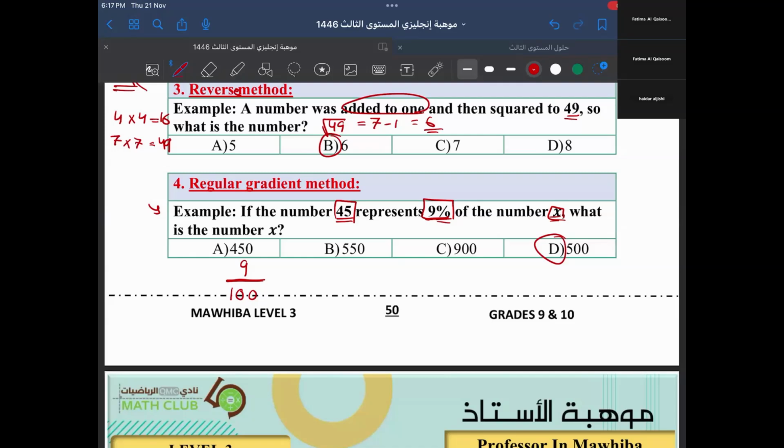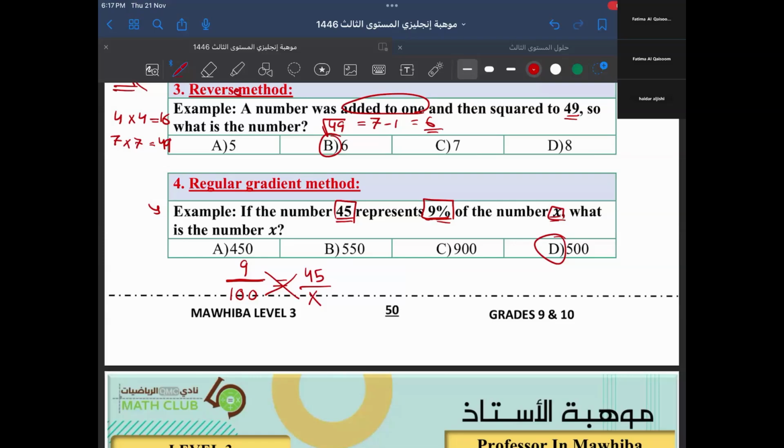And I have another fraction that I can make, which is 45 over x, which is another ratio. And those ratios are equal because they said it in the question. So since I have the x in here, I want to solve for x. So I solve by cross multiplying.